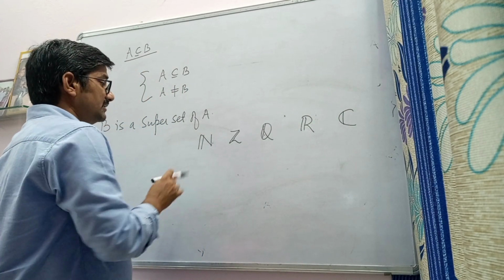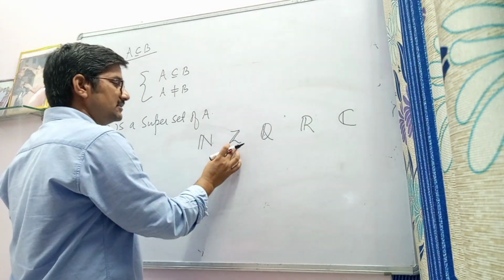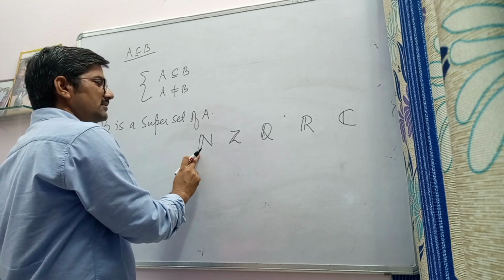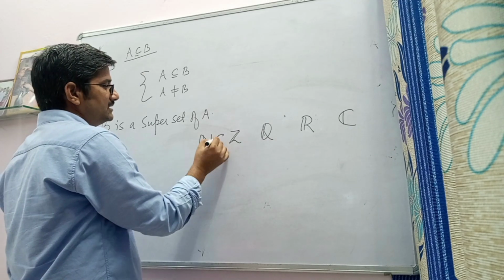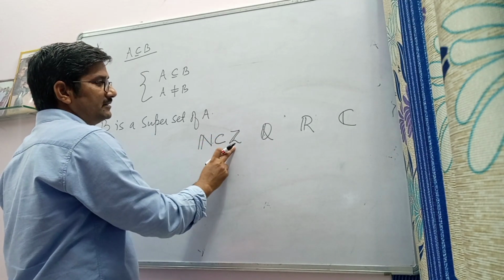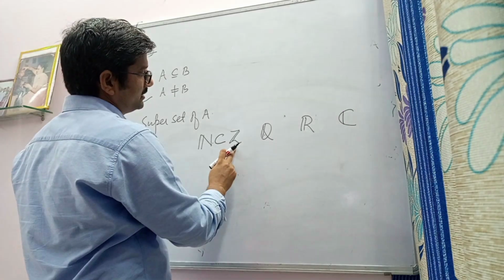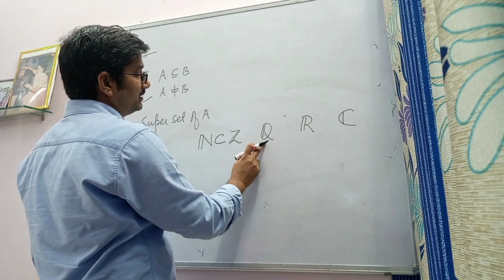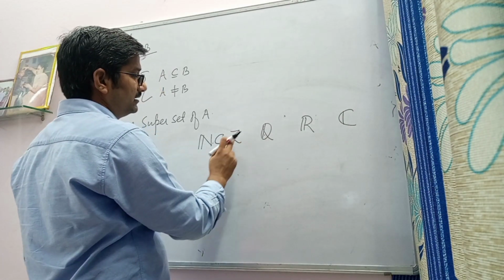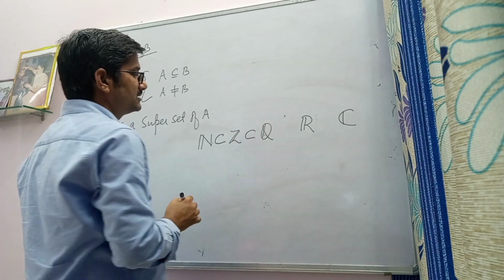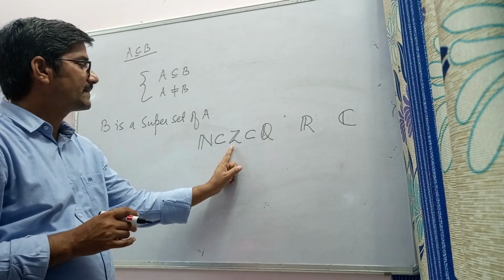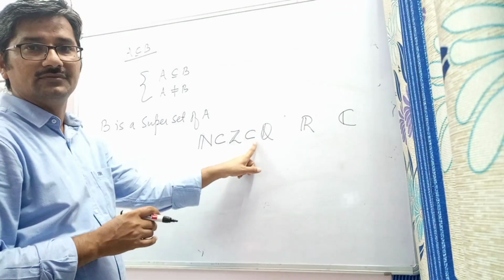We can say that every natural number is an integer, but every integer is not a natural number. So N is a proper subset of Z. Every integer is a rational number, but every rational number is not an integer. So you can say that Z is a proper subset of Q.